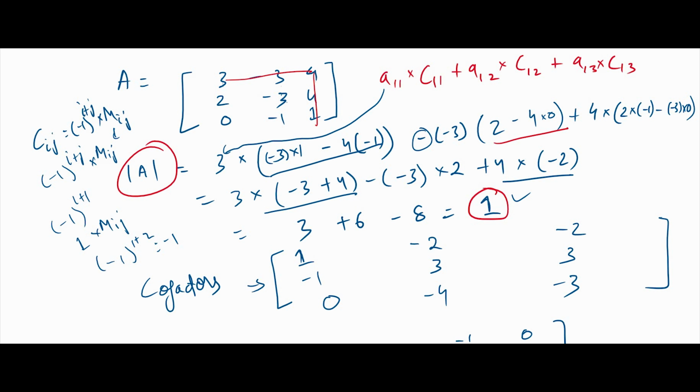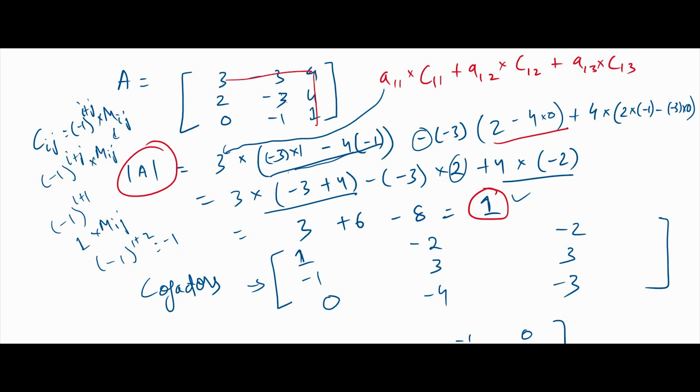Once I get the value, next I'll make a matrix of cofactors of A, right? So I'll take all the cofactors. The first cofactor is minus 3 plus 4, so 1, and then the second one will be minus 2, right?